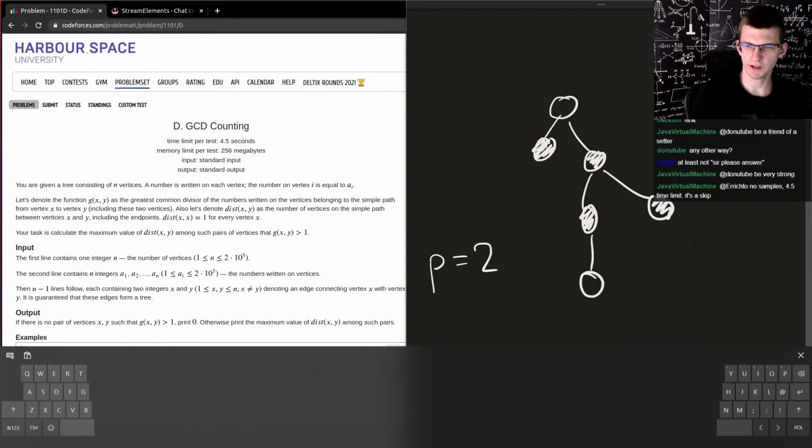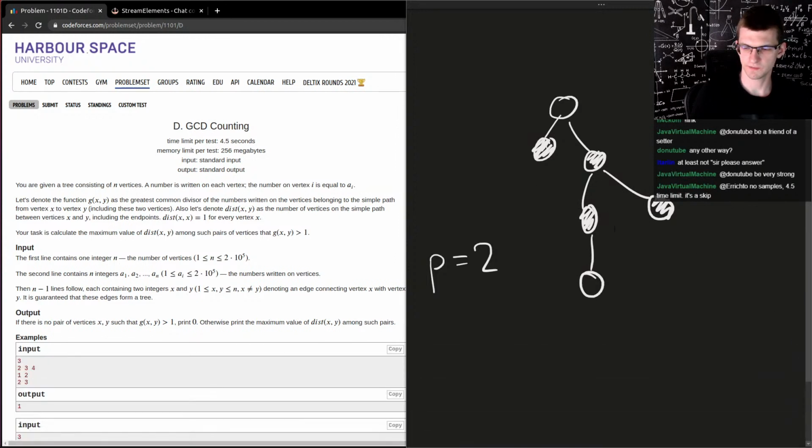If we can quickly find those vertices, then I can run some kind of DFS for that, or DP. DP sounds fine. Bottom up, for every vertex I will update its parent. Yeah, that might work.